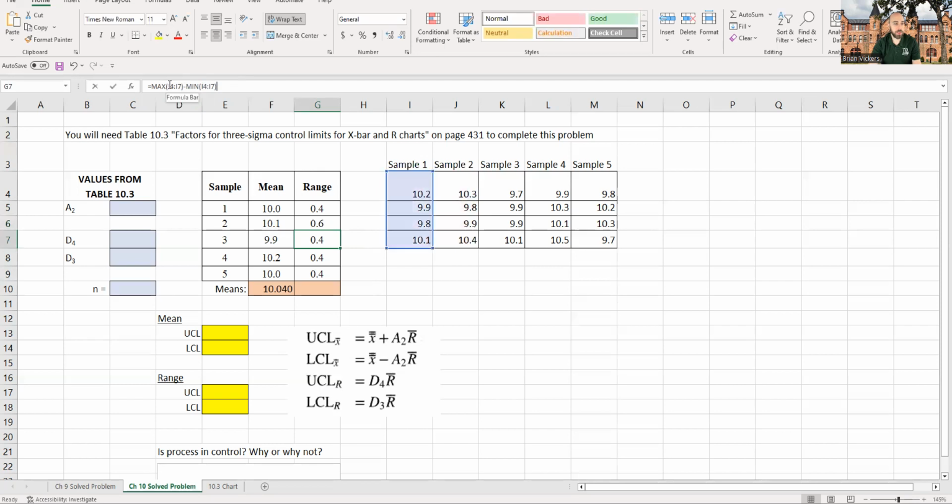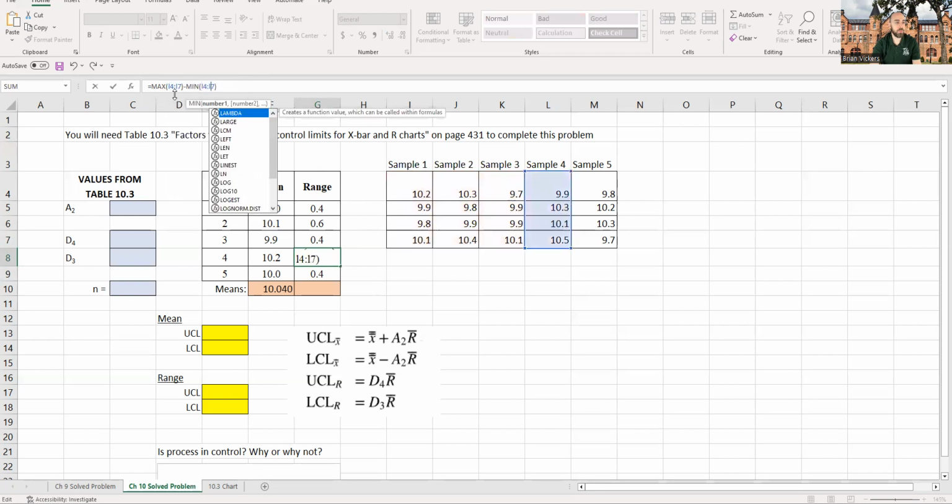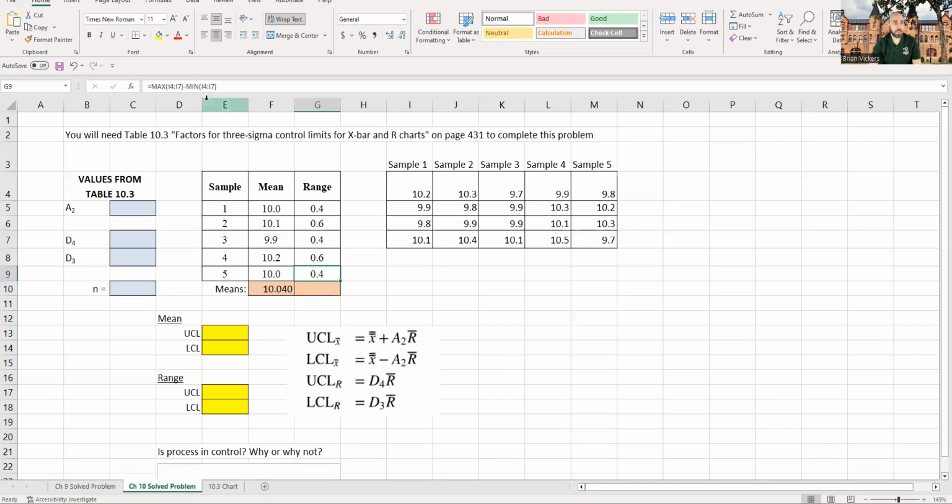And then change this one to a K. And then change this one to L. And then change this one to N.